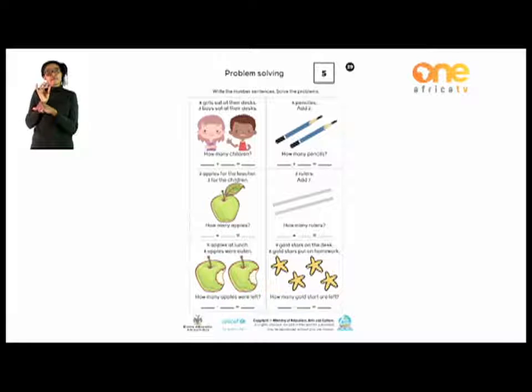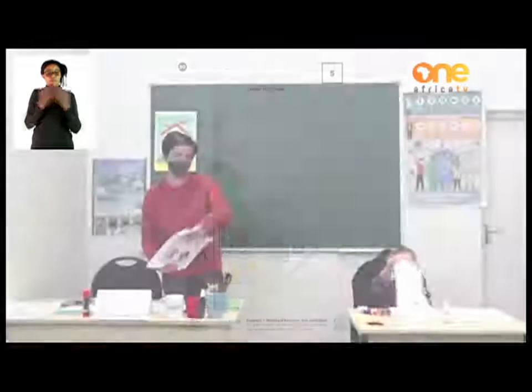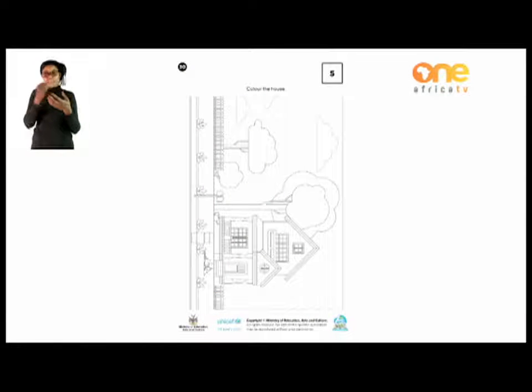So you have to do the apple, the ruler, the 2 apples, and the starfish. See if you will be able to solve that problems. Good. Let's go over to our next page. Page 30. Color the house.